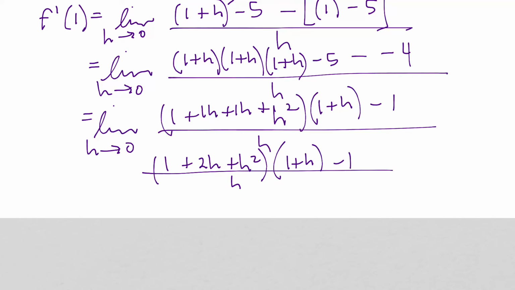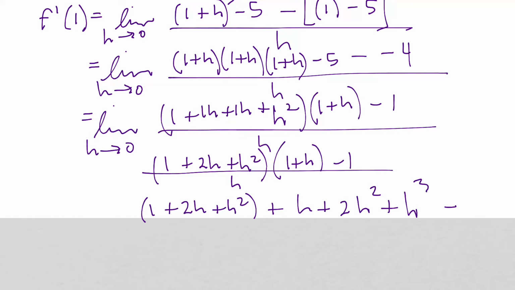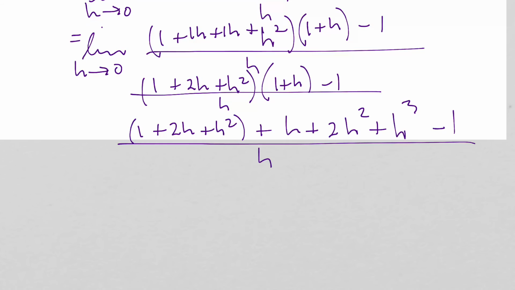All right, so now I got to distribute this again. So 1 distributed to 1 plus 2h plus h squared, plus h distributed to that, which would be h plus 2h squared plus h cubed, and then I have minus 1. All right, so you guys can distribute, so I'm just going through this rather quickly.